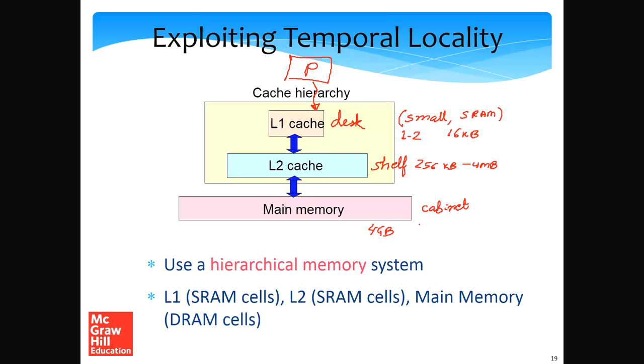We then have an L2 cache slightly larger, 256 kilobytes to 4 megabytes, again made up of SRAMs. And then we have a DRAM based structure for main memory. So it has 4 gigabytes to 32 gigabytes of memory. So that's a lot of memory space.